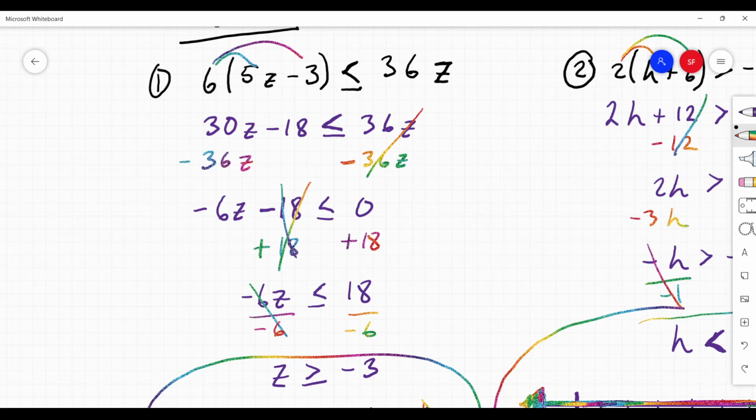Yeah. Whenever you have to flip it around to get the variable on the right side, is it better to do it earlier in the problem, or later? Probably either way. It really doesn't matter, as long as you get it on the right side and flip the sign.